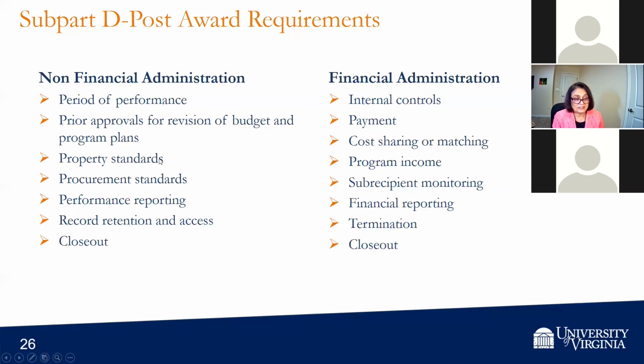You have to have your property standards, procurement standards, your performance reporting, record retention and access, and closeout. So these are requirements, and a lot of these will need to be handled. If you imagine our Office of Sponsored Programs, a lot of these need to be handled from OSP pre-award side, or our fixed asset folks, or our procurement folks, and the PI.